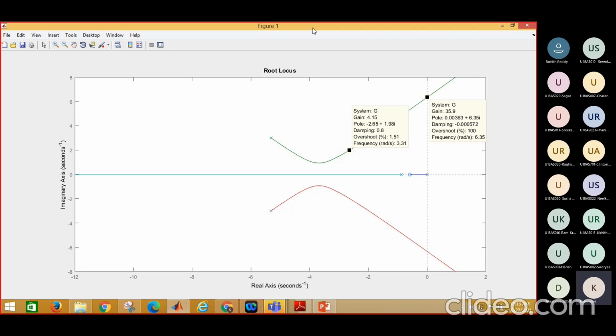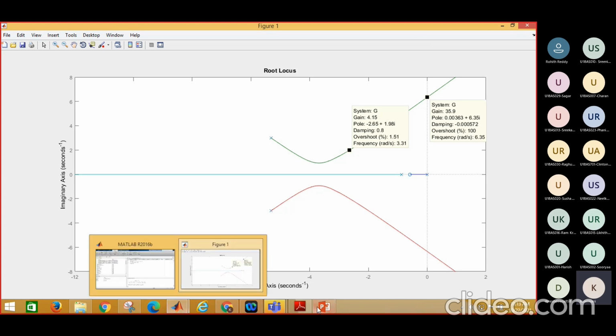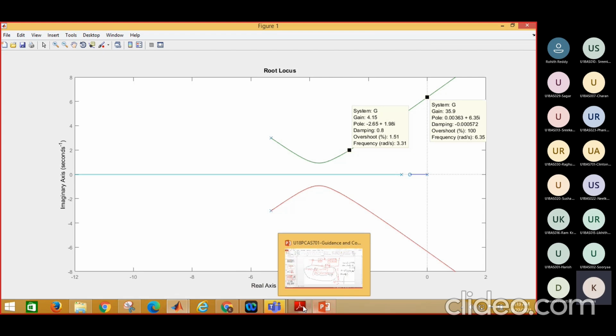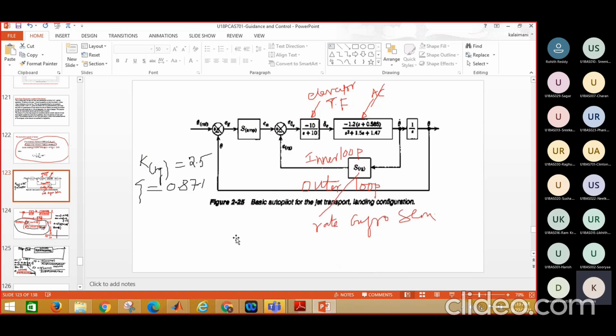That's why we select your rate gyro sensitive feedback values for a higher damping. In this case, my rate gyro sensitive value is 2.5, my damping ratio is 0.871.